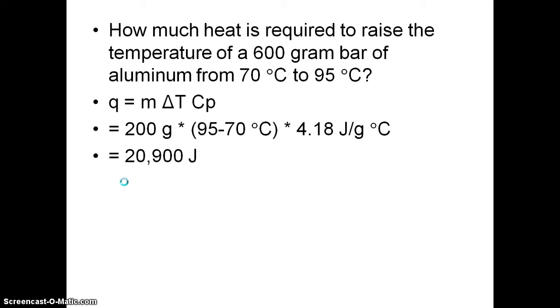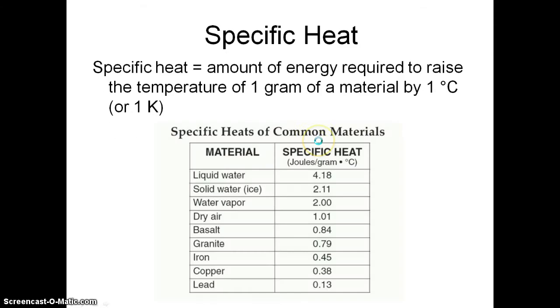So in the case of the problem that we just looked at, when you plug everything in, Q equals the mass, which is 200 grams, times the change in temperature, which is the final temperature 95 degrees minus the initial temperature 70 degrees, times the specific heat of water, which we saw 3 slides ago is 4.18.